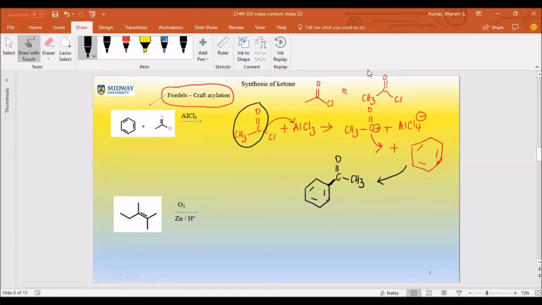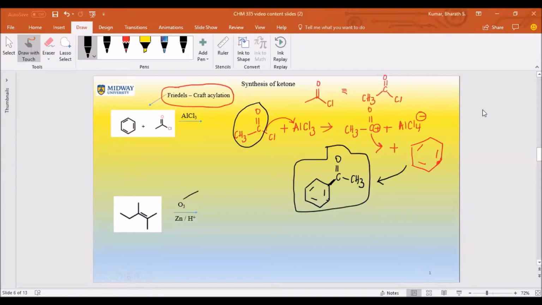You won't have the C double bond O in the alkylation. You do have the C double bond O in the acylation. So this is a ketone. Remember, this is your R prime, this whole thing is your R, and your carbonyl group is right in the middle. So it qualifies as a ketone. So this is Friedel-Crafts acylation, and this is one of the popular methods for making ketones.